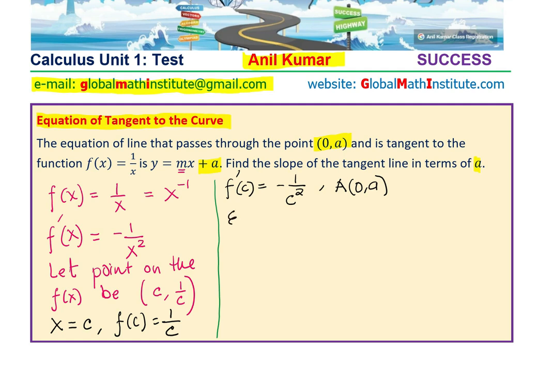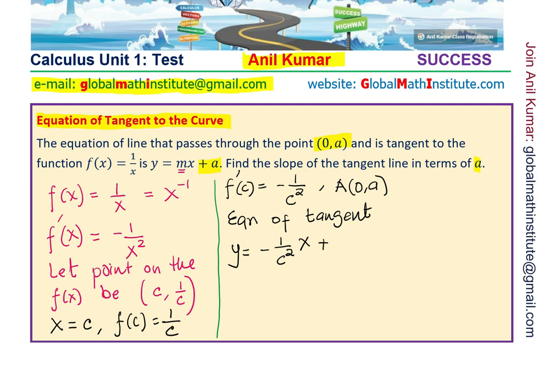Therefore, we can write the equation of the tangent as y equals minus 1 over c squared, which is the slope, times x, plus a, since a is the y-intercept.